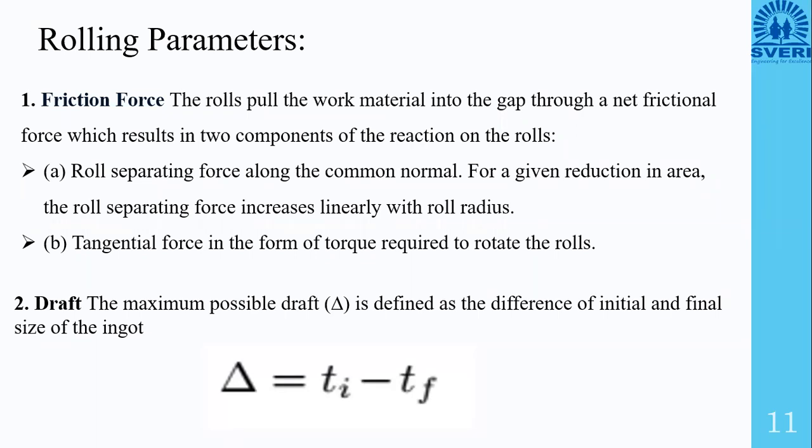Same way here, initially we only have to push the material into the roller. Once a small length of material has entered the roller, the rollers automatically pull the material in and the further process happens. That further process is reduction in thickness or increase in length, whatever we may call it.